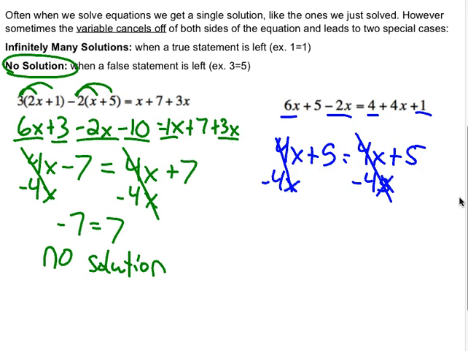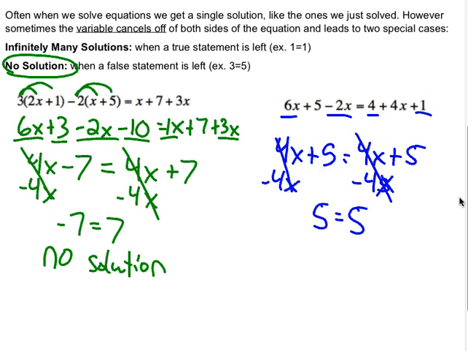So now we have the same situation. The variable is now absolutely gone. But this time, notice I'm left with something true. 5 is 5. So what that's telling me is it doesn't matter what x I pick, because it's always going to be true.